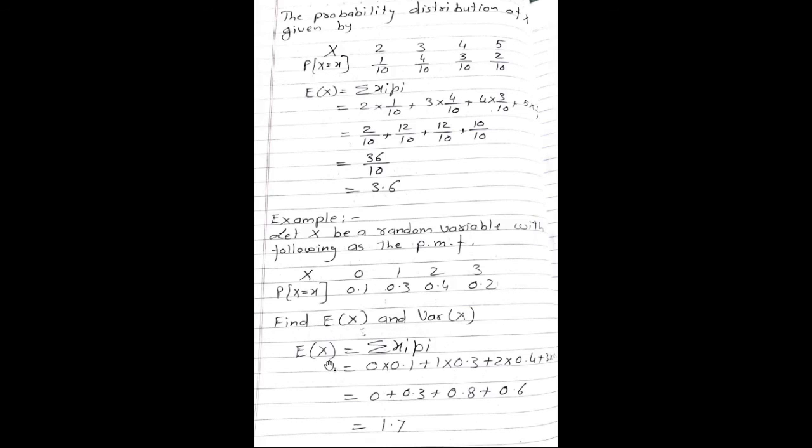So expected value of x, the definition is summation xi pi, which is nothing but 0 into 0.1 plus 1 into 0.3 plus 2 into 0.4 plus 3 into 0.2, which is nothing but 0 plus 0.3 plus 0.8 plus 0.6. So expected value of x, the value becomes 1.7.